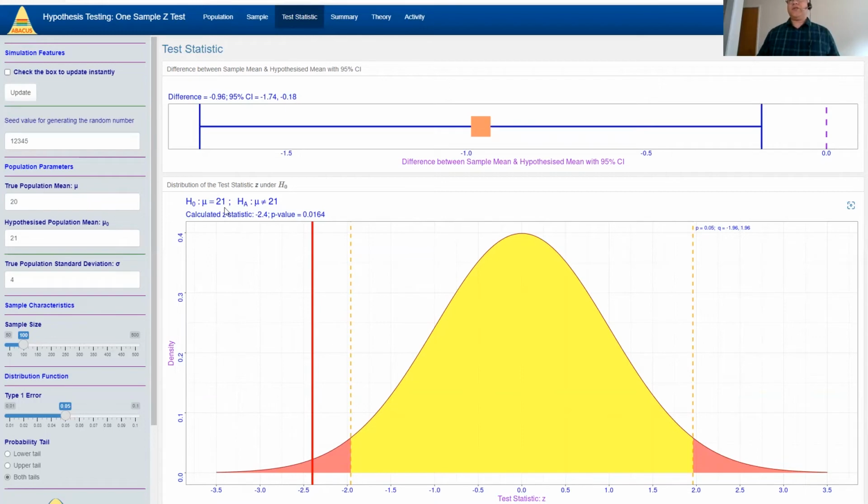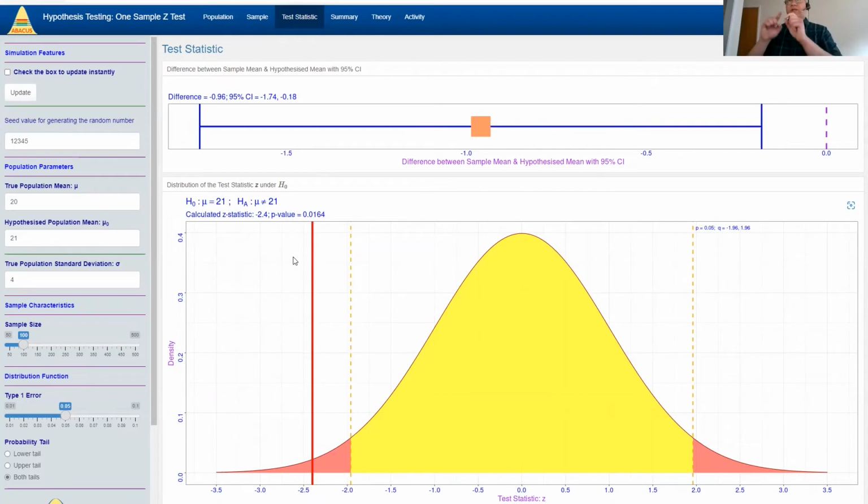Now, here is the important part. This is my null hypothesis mu equal to 21 and the alternative hypothesis mu not equal to 21. What does this normal distribution mean? As I mentioned, it is the distribution of the test statistic. So there are 2 concepts now: what the test statistic means, and what the distribution of the test statistic means.